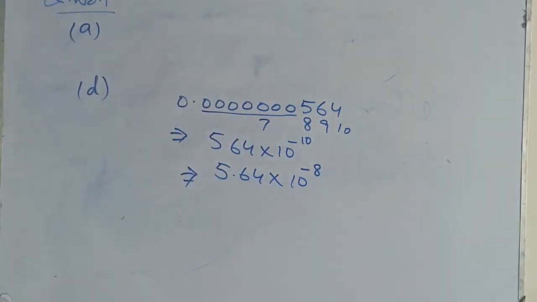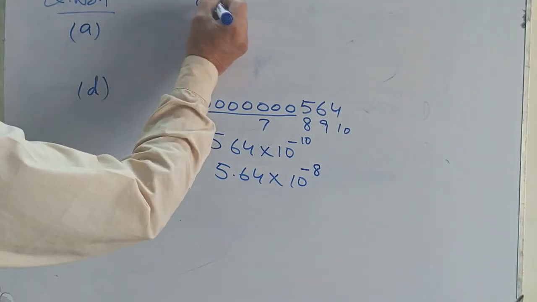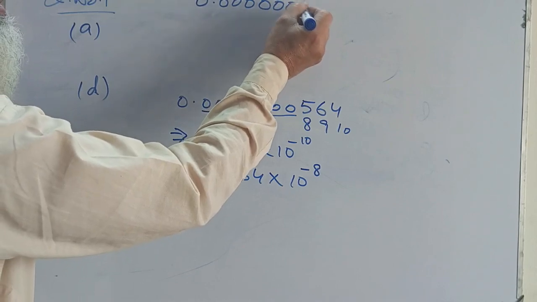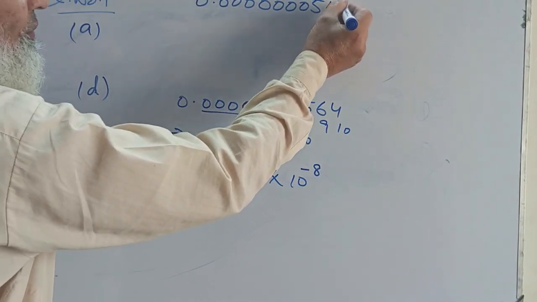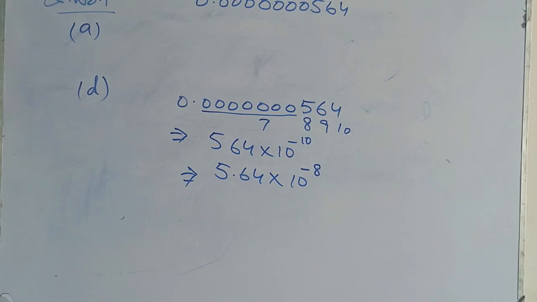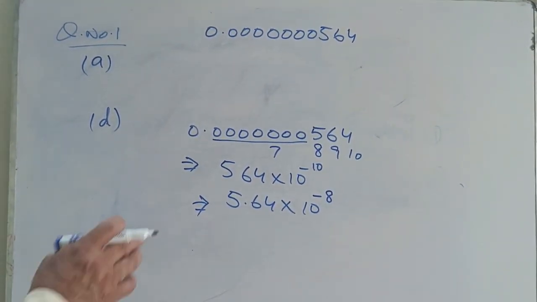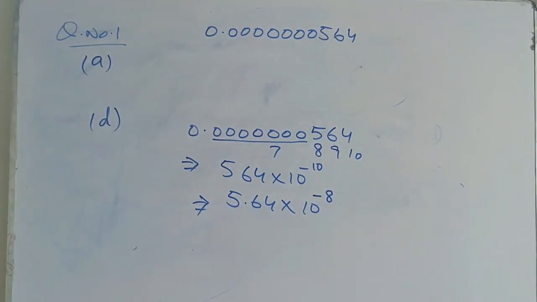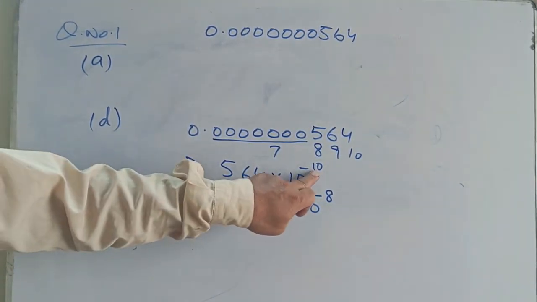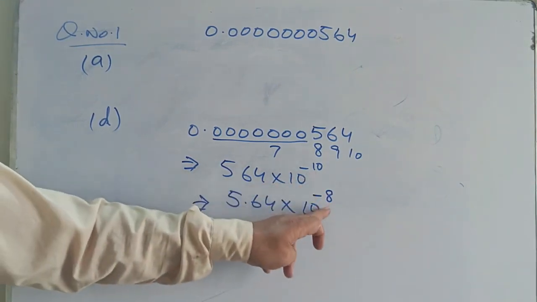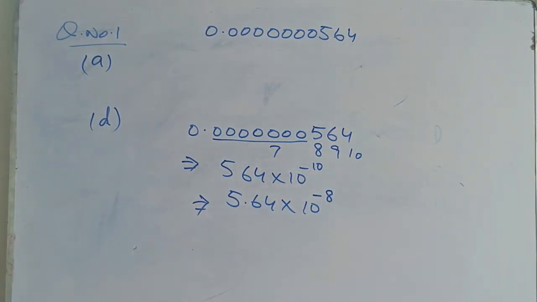Now 0.0000000564. So I have written the same thing over here. Now I am going to elaborate how minus 10 has been shifted to minus 8.